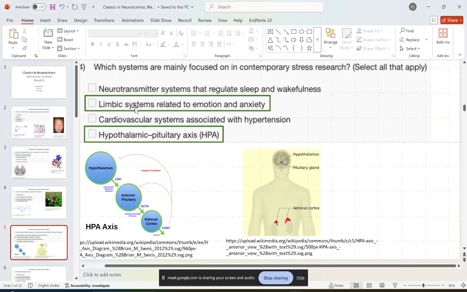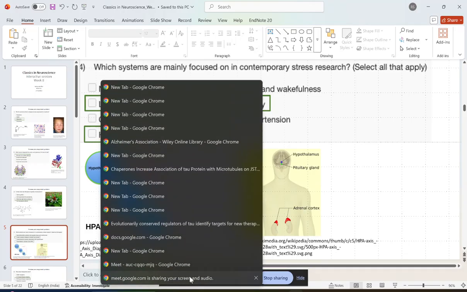Again, we discussed the limbic system in the previous week's interaction sessions, where we talked about how the limbic system is responsible for processing emotions and its role in anxiety and so on.